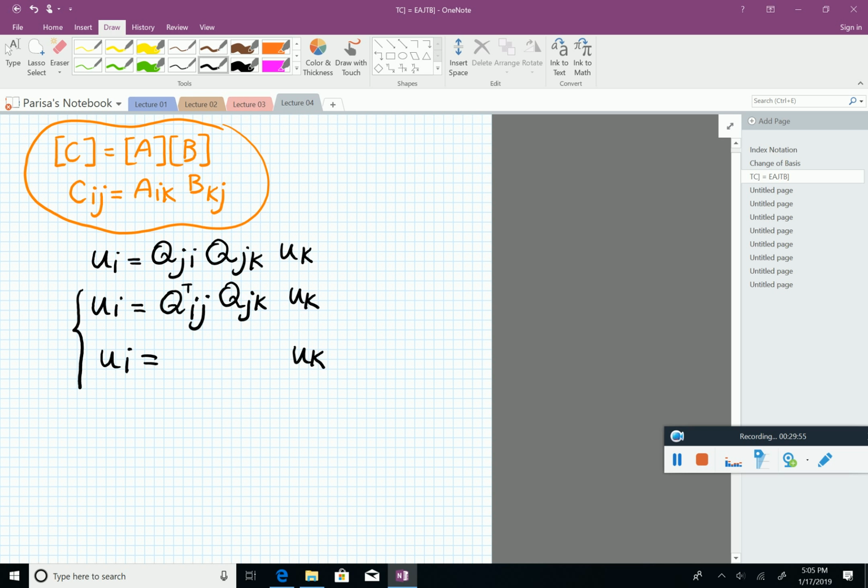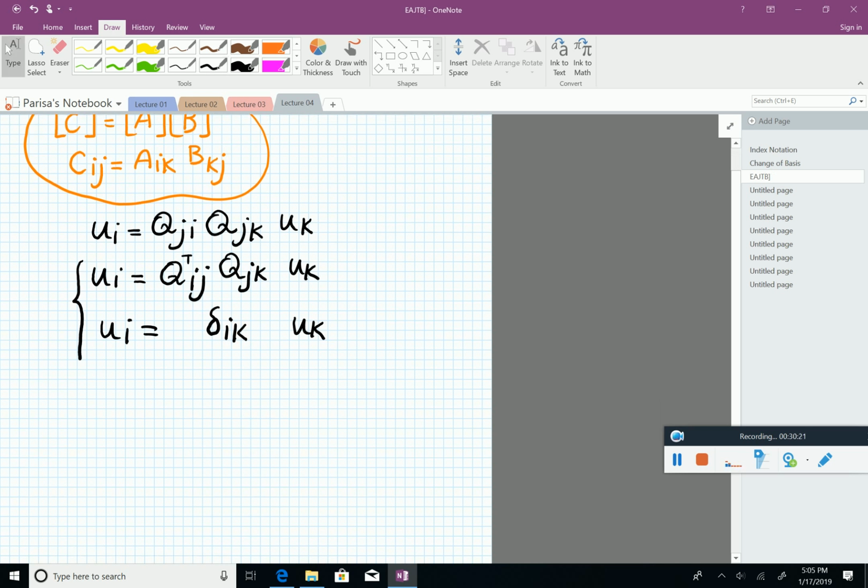What operator I have to use? Yes, so that we call that substitution operator. So that's what brings I to K. So what should I write here? Delta what? IK, right? Or KI, it's the same thing.